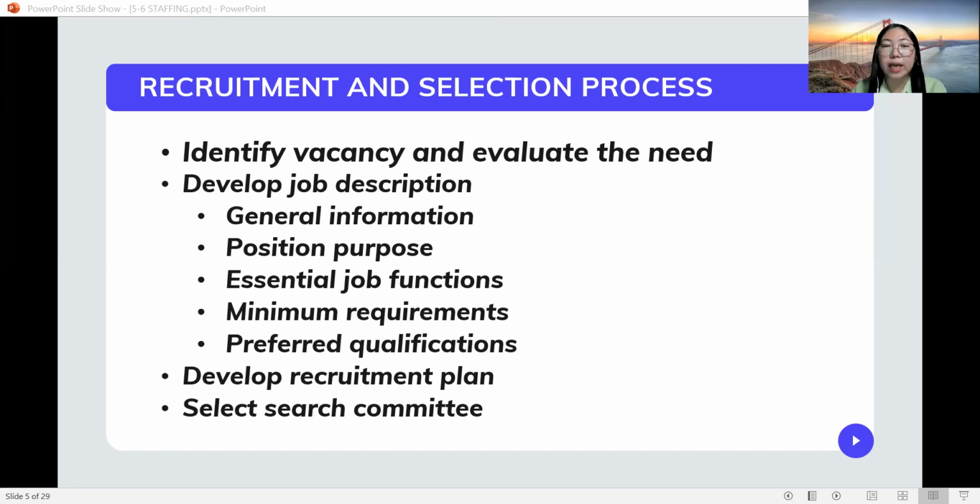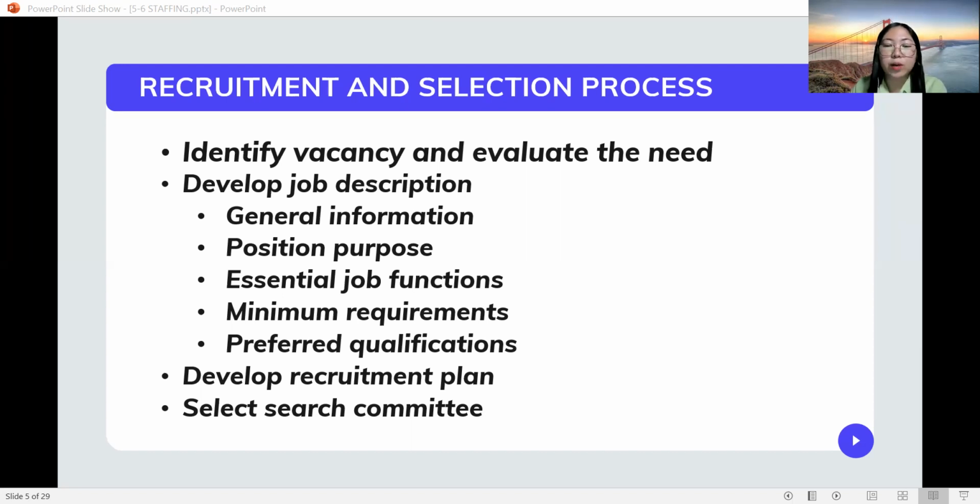Sometimes they put requirements such as 2 to 3 years of working experience in the position they are opening for. Those are the factors, the additional requirements for the job descriptions being applied for.